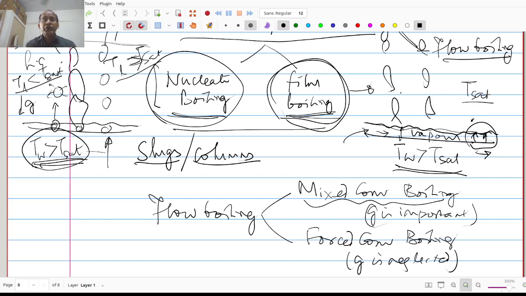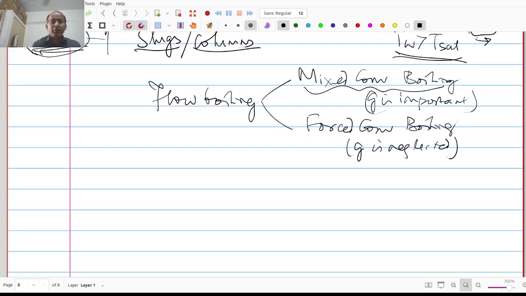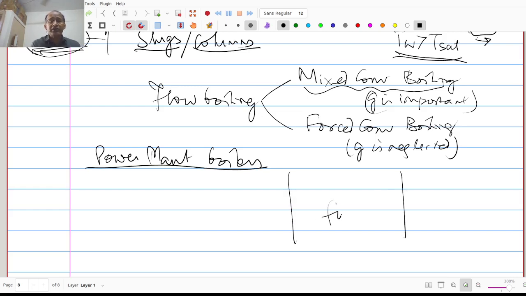Okay, so common examples where nucleate boiling is used are power plant boilers. So for those of you who won't know what a power plant boiler is like, in the power plant boiler you have a furnace and the walls are lined with tubes.